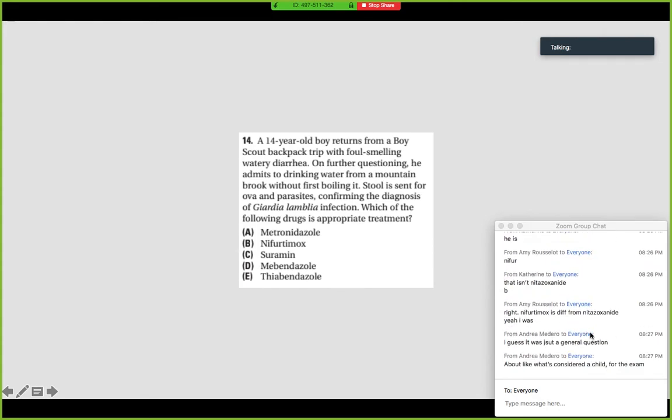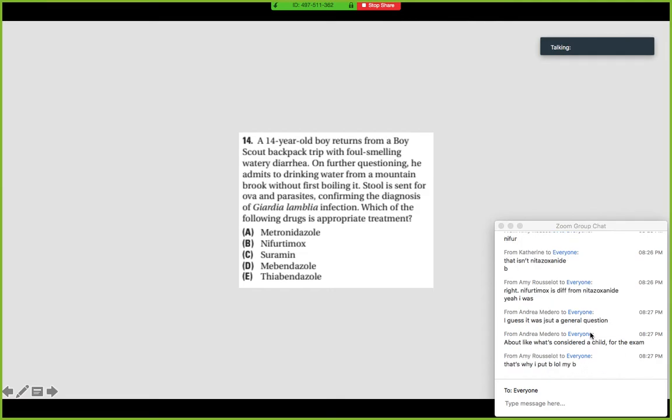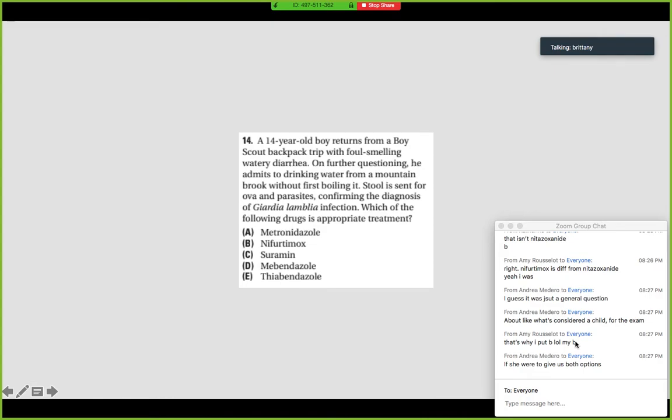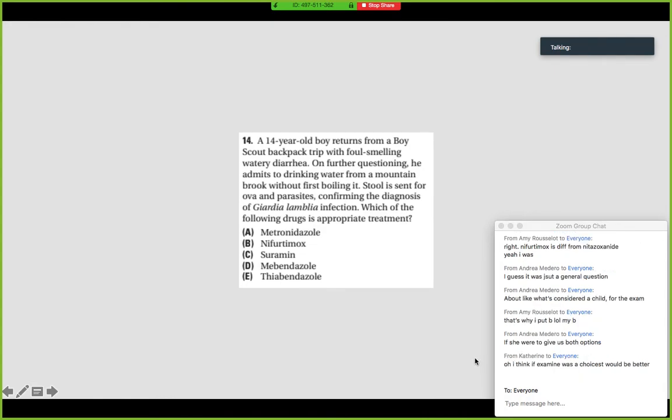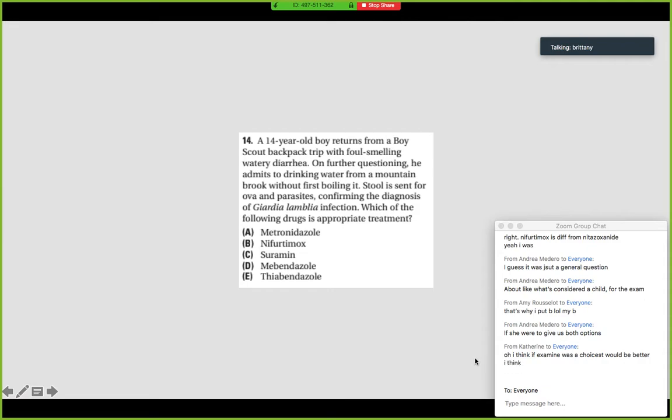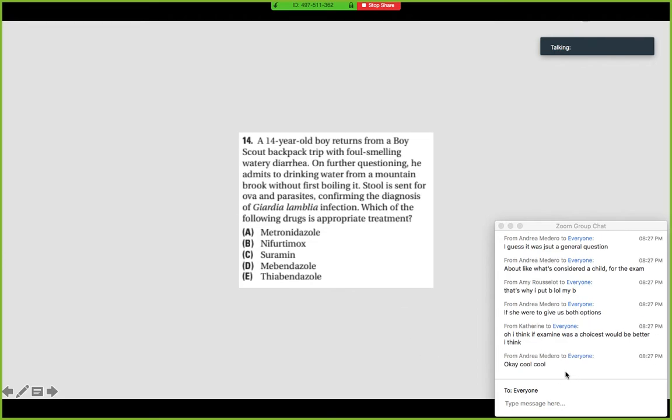About what's considered a child for the exam. She shouldn't give you both options, no, because they didn't hear. I mean, I think they probably were trying to throw you off with B. But yeah, no, I wouldn't worry about that.